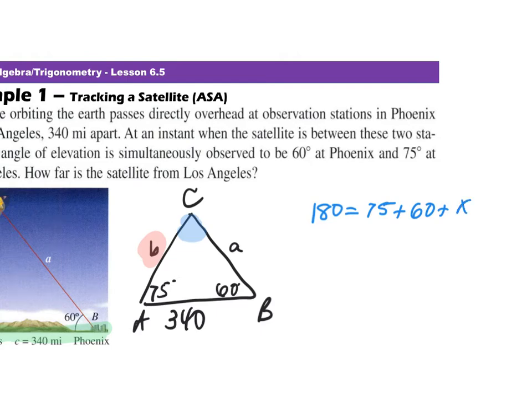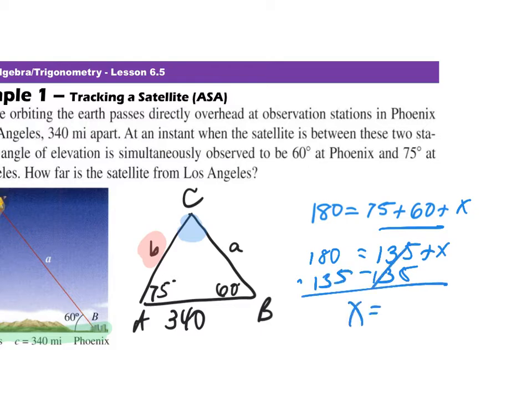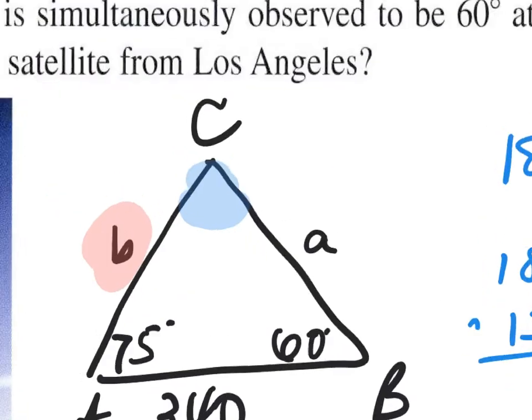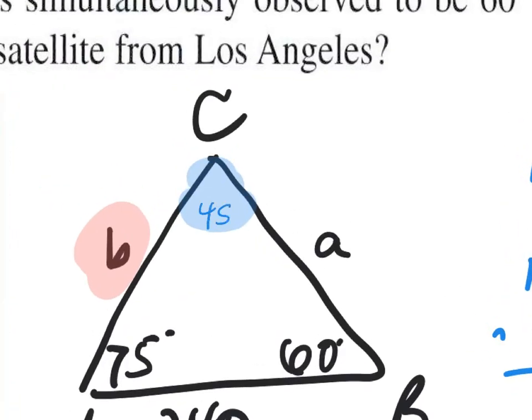So if we set up a simple equation, 75 and 60 is 135, plus x equals 180. Then I subtract 135 from both sides, and I know that x equals 45 degrees. So angle C, y'all, is 45 degrees.